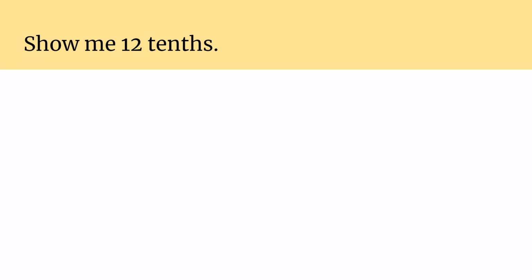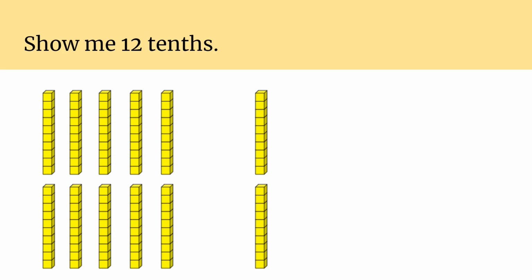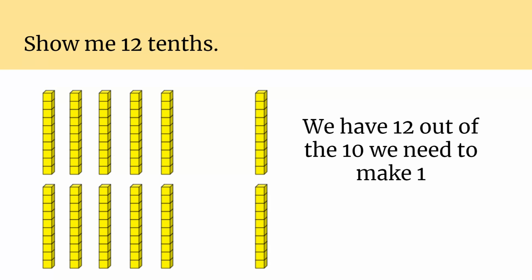What would 12/10ths look like? Well, there's 12/10ths. So we have 12 out of the 10 that we need to make 1. And we could represent that as 12 out of the 10.